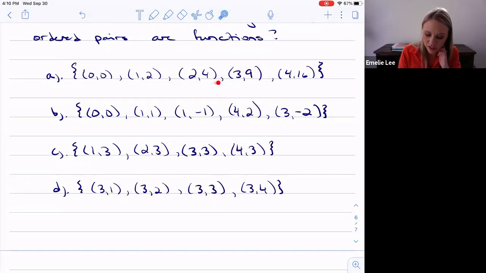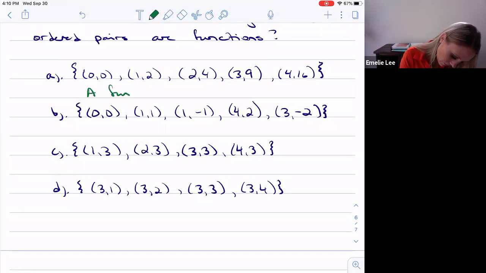There's no other mention of 0 going anywhere else in this line, right? So that's safe. So 1 goes to 2, okay, fine. 2 goes to 4, fine. 3 goes to 9, 4 goes to 16. We've got these individual inputs and they happen to produce individual outputs. Okay, so this is a function. Green means go. A function.